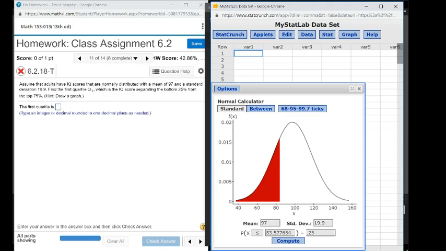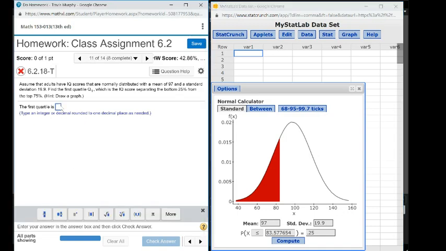So adults with IQs of 83.57 or less constitute the 25th percentile. So that is the first quartile. So the first quartile is 83, the upper bound for the first quartile, 83.6.